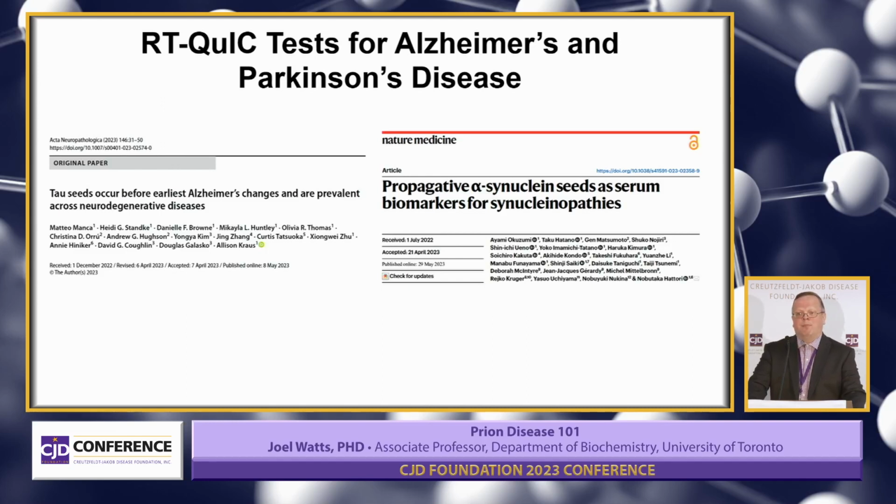To give you one example, RT-QuIC, developed by Byron Caughey to amplify and diagnose prions, has been modified and adapted for use in Alzheimer's disease and Parkinson's disease, so that for Parkinson's disease, it is now possible to diagnose patients using blood samples. And this is in living patients, so ante-mortem.